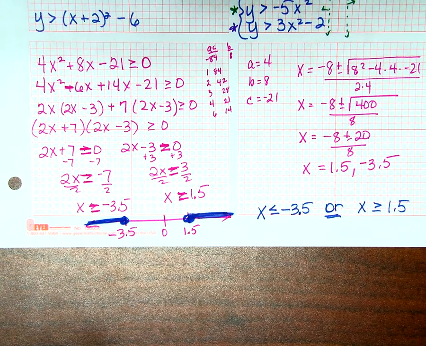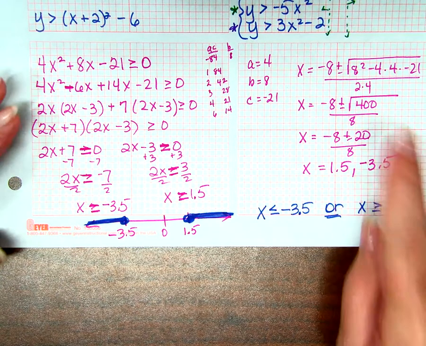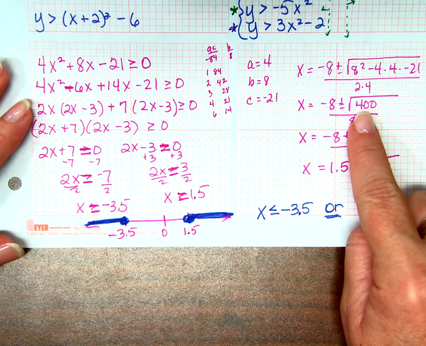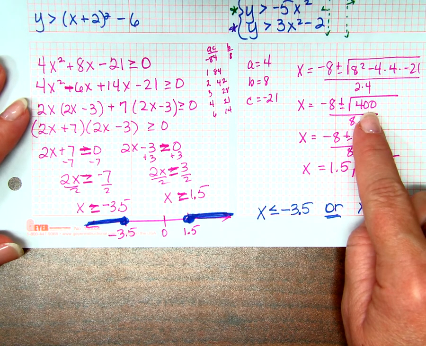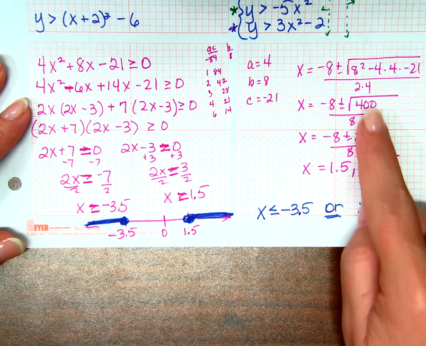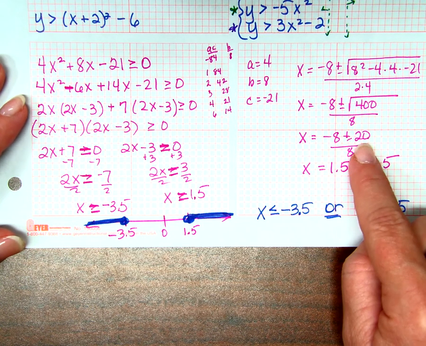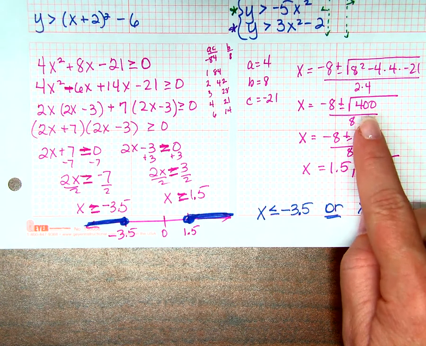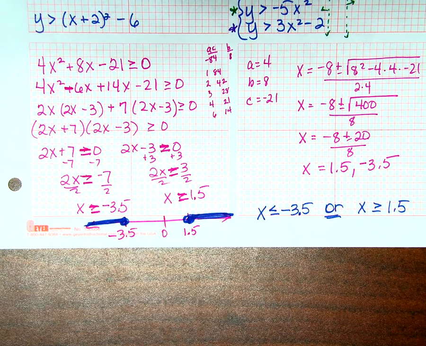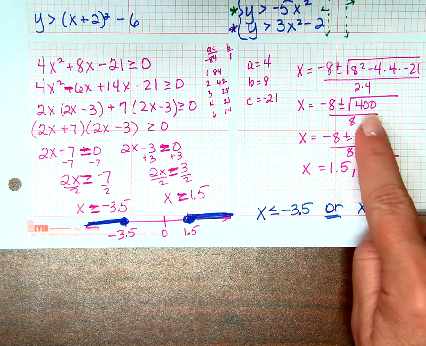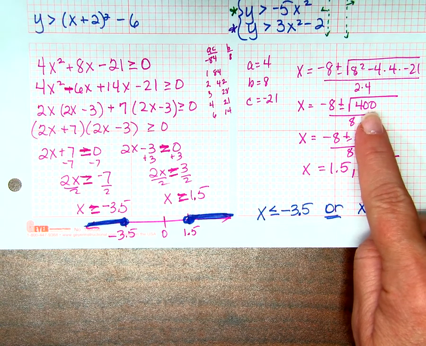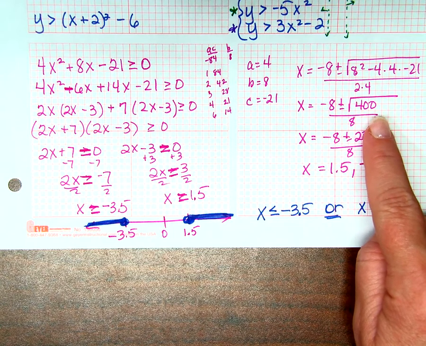Okay? Just for the record, there are several on your homework where this is like 402. This was nice because 400 has a square root, right? 20. Well, until we got to word problems, right? All before, we just left that as a square root of 402, unless we could simplify it, right?